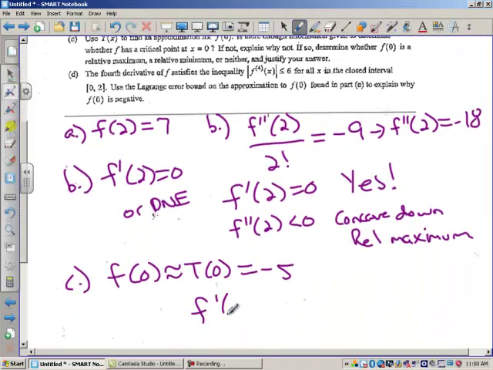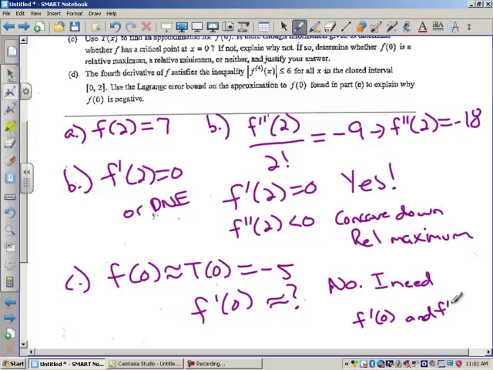F prime of 0 is approximately equal to question mark. I have no way of finding that. So since I only have data points of f prime and f double prime at 2, I cannot answer this question. So no. I need f prime of 0, and I would also need f double prime of 0, and I cannot figure those out.